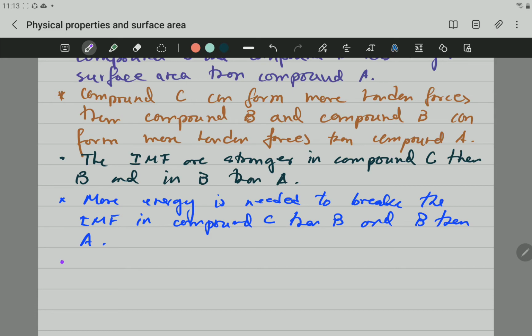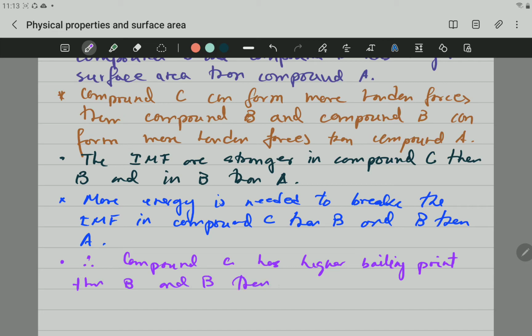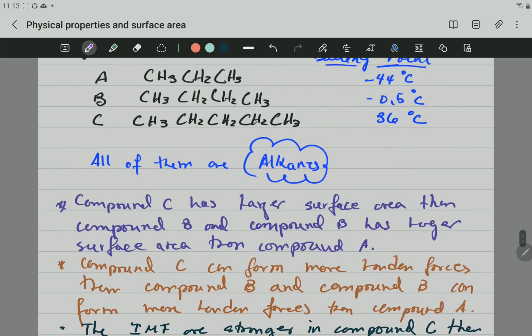Therefore, compound C has a higher boiling point than B, and B than A. So this is the full explanation of that trend in terms of boiling point.